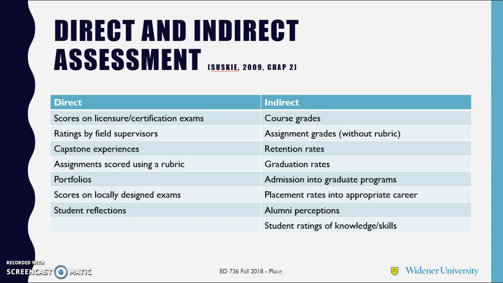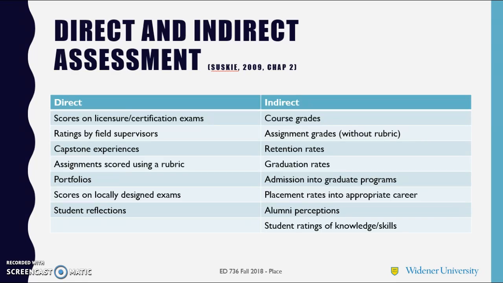So direct and indirect assessment measures are both very important, but it is also good to note what falls under direct and indirect. So under direct, these types of assessments are all rather objective. So we have scores on licensure and certification exams, ratings, portfolios, scores. The important thing here is that most of these types of assignments have some type of score or a rubric associated with them.